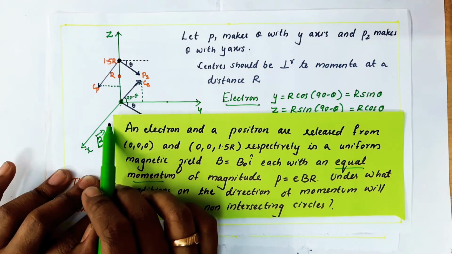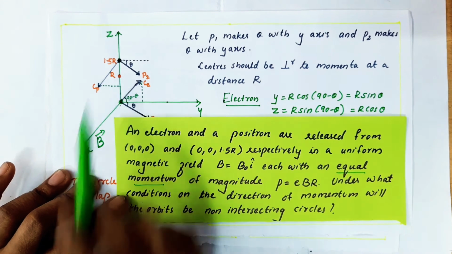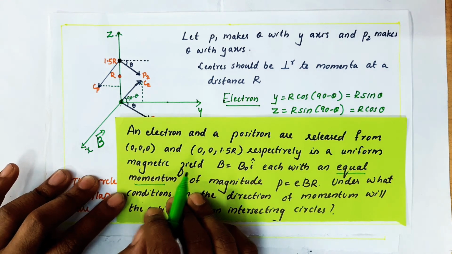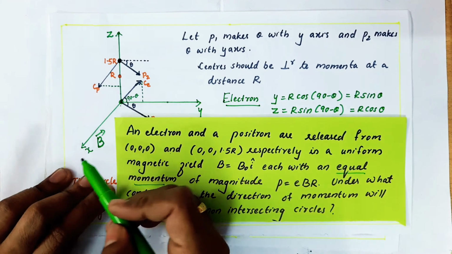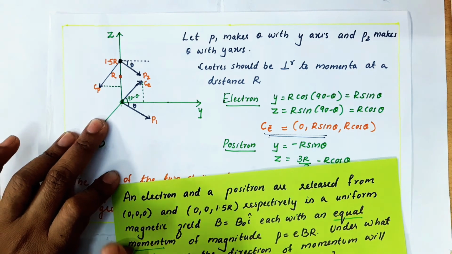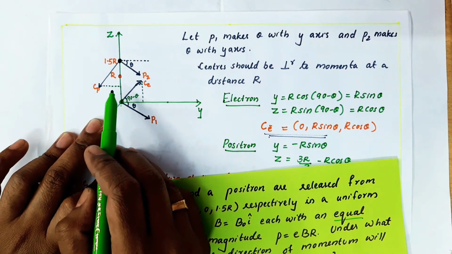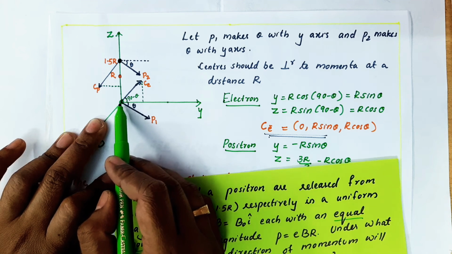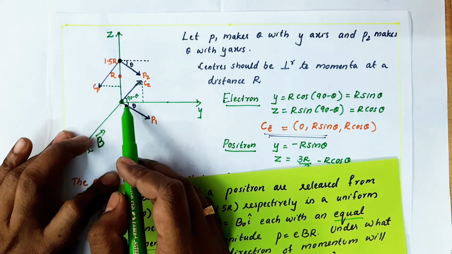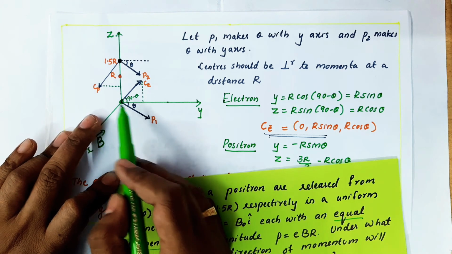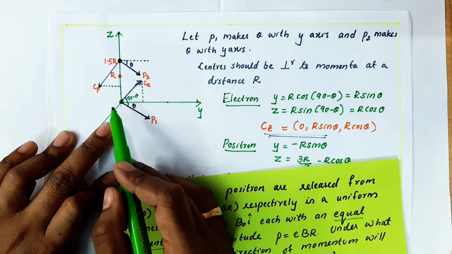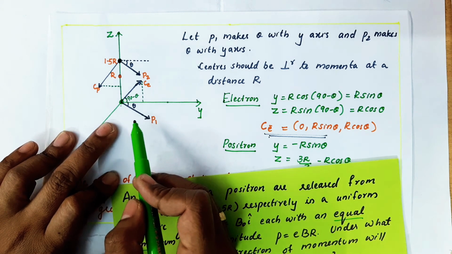From this you understand that the magnetic field and the particle's motion are in a perpendicular plane. Because the magnetic field is along the x-axis, we are just considering the YZ plane. The momentum of the particle is nothing but mv, so the velocity and the momentum are in the same direction.